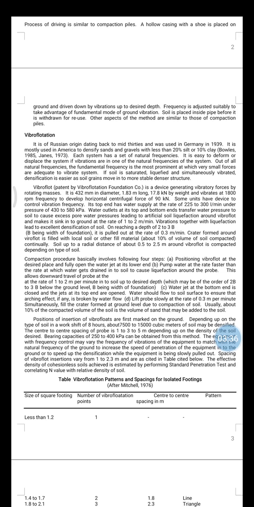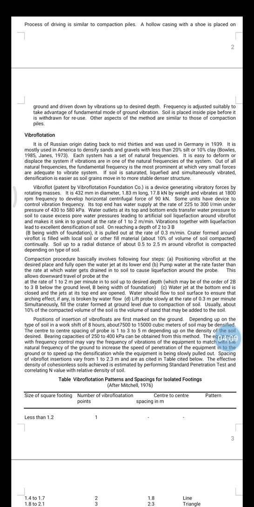It jets 225 to 300 liters per minute at a pressure of 430 to 580 kPa. That is why the soil can be very quickly loosened, and your vibrofloat can easily move with vibration. So densification will be very strong.